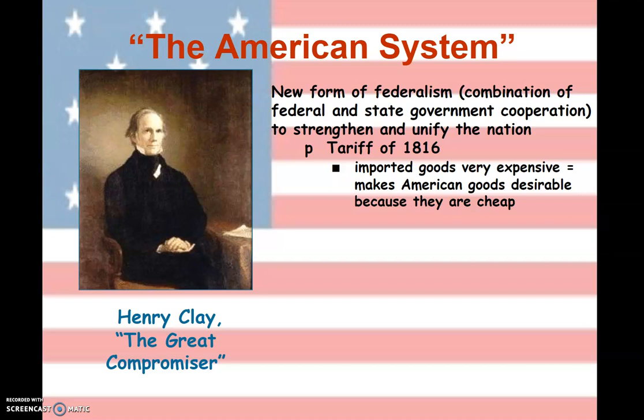A very quick example: if I am selling barrels of honey, and I'm selling barrels of honey for $5 each, but Spain is shipping over barrels of honey, and their barrels of honey are only $2 each. Most people are going to buy the $2 version instead of the $5 version, which means the American economy is not benefiting, the Spanish one is. But if we slap a $5 tariff on the Spanish goods coming in, that takes a $2 barrel of honey to now a $7 barrel of honey.